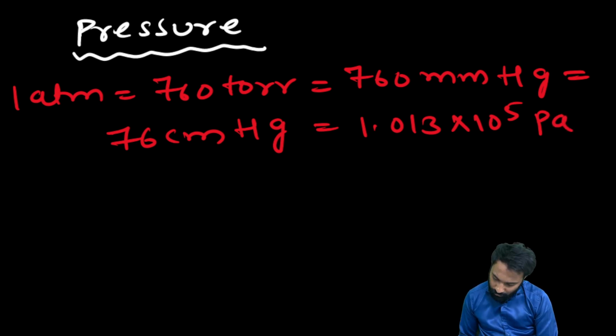Sir, how is this 1 atm equal to 760 torr and 760 mm of Hg? The history behind this, I will explain, how it has come. Now you listen. Experimentally, to calculate the pressure, the instrument we used is a barometer. Roughly I am explaining.